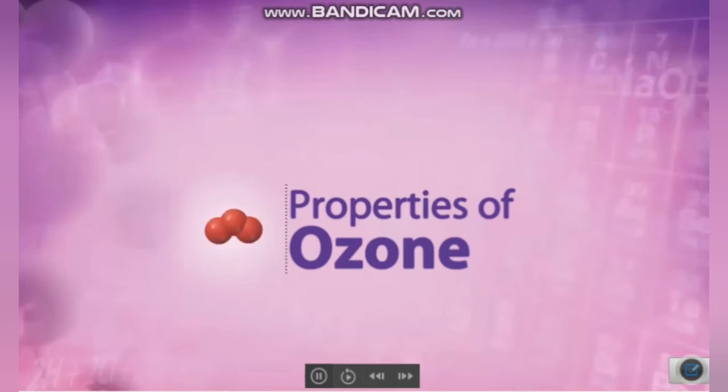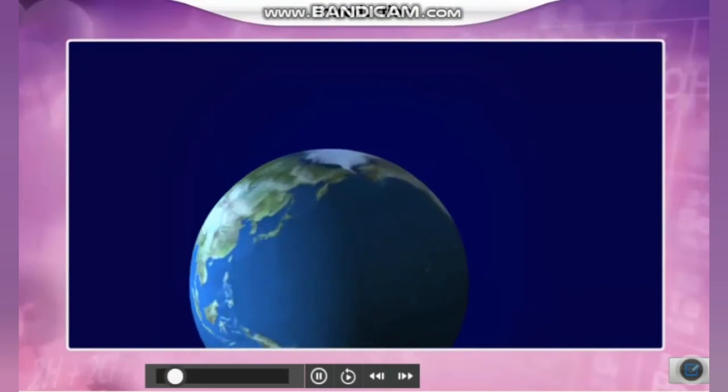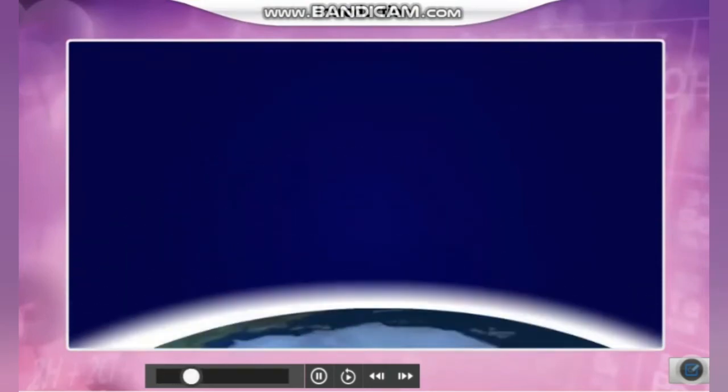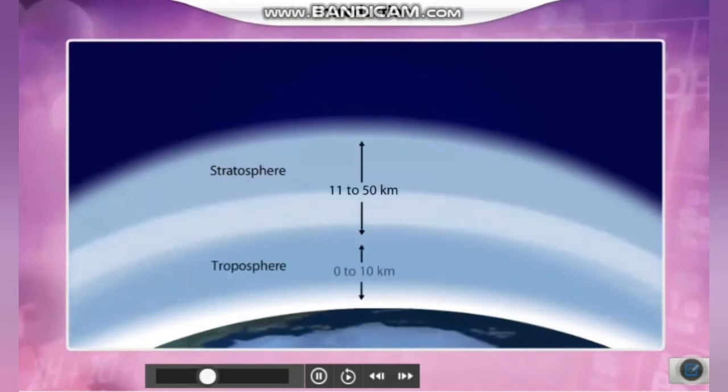Properties of ozone. High above the Earth, in the stratosphere, is a layer of an extraordinary gas. This gas is called ozone.